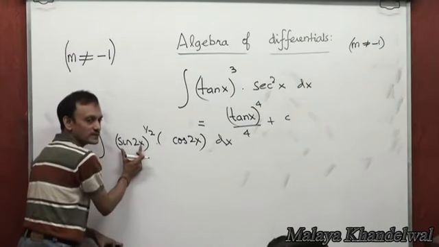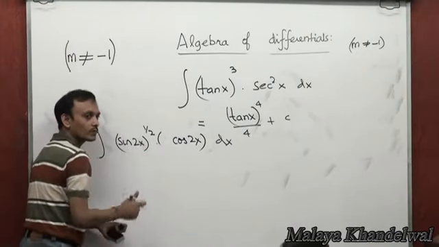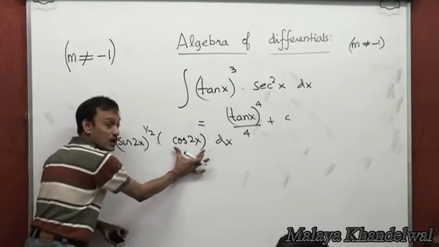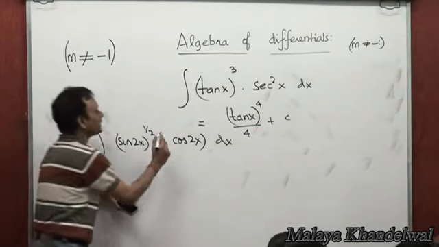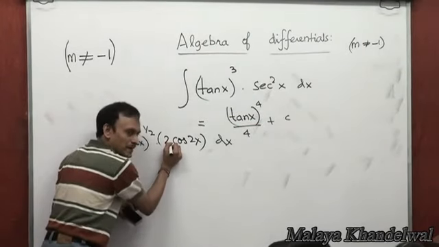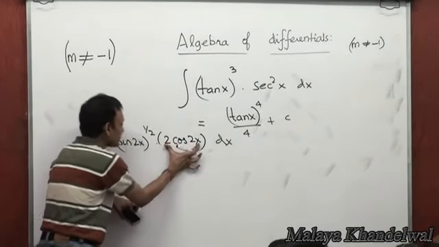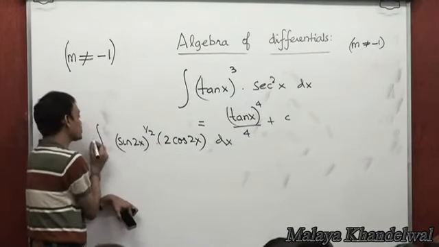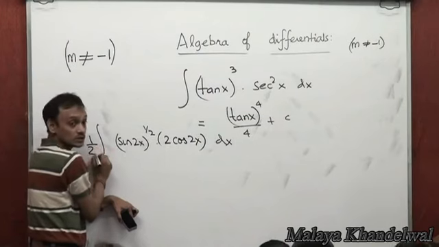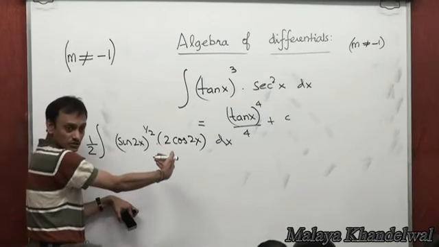If I had not done this, what's the derivative of sine 2x? 2 cos 2x, but we just have a cos 2x. To reduce it to the known template, it becomes important for us to multiply by a 2 so that this becomes the derivative of sine 2x. But this 2 has to be balanced by a 2 here to maintain the status of the expression.